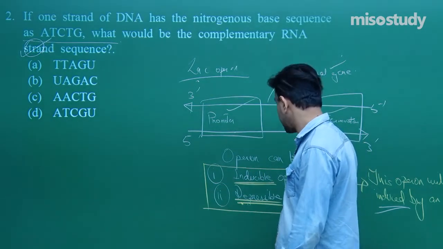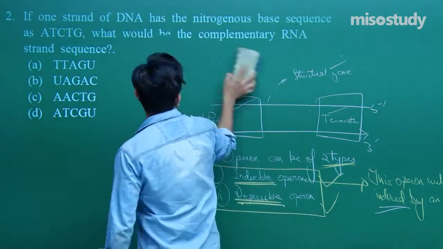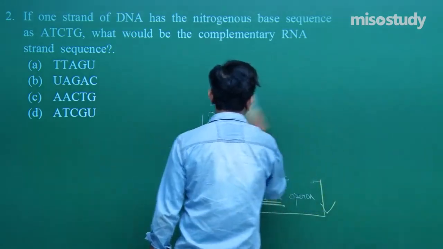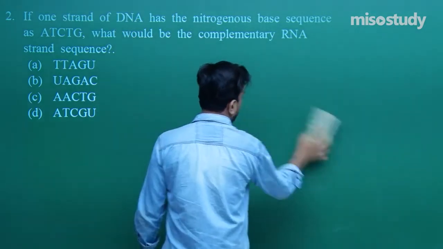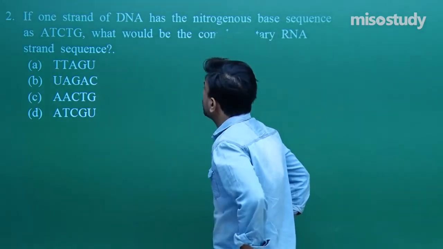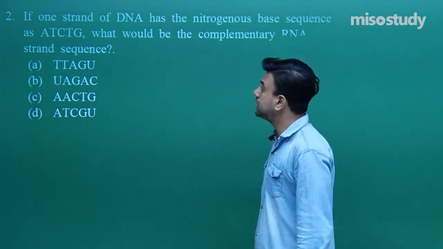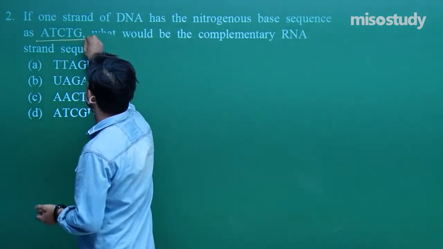If one strand of DNA has a nitrogenous base sequence as ATCTG, what would be the complementary strand sequence?